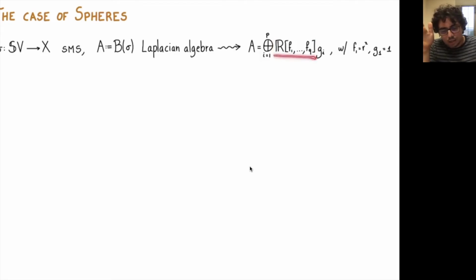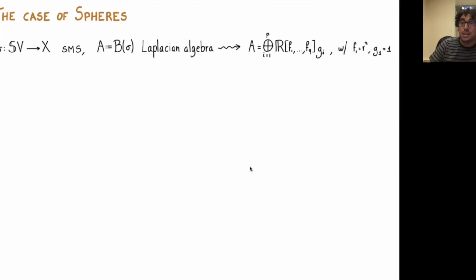And then you have other generators, called secondary generators, secondary invariants, that describe completely the algebra. What we know about these polynomials is that the first polynomial F1 is just r squared. The first polynomial among the g_i is just the polynomial 1, but the other ones are up for grabs. We don't know what they are.